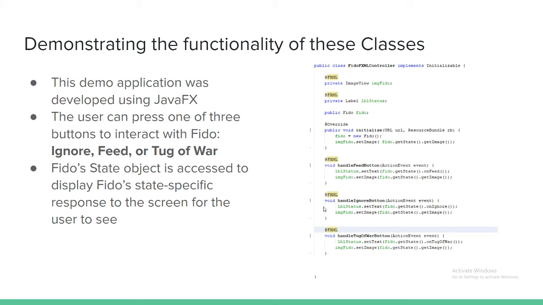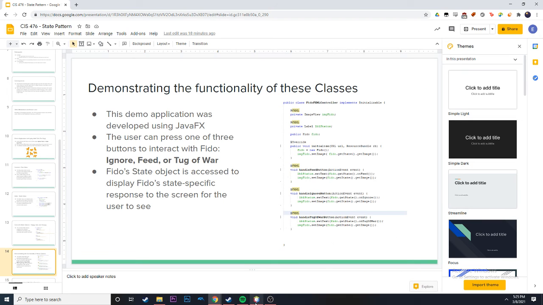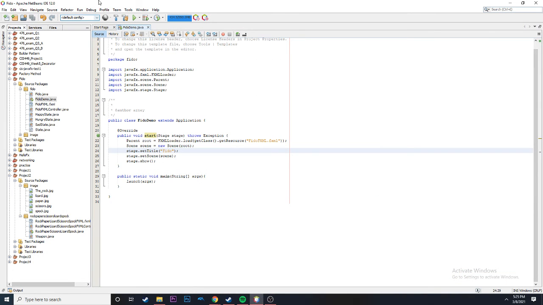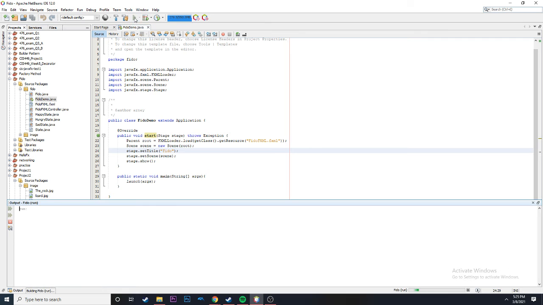So let's boot up the application so that I can demonstrate the functionality for you. Give me 1 second. So let's just run the Fido demo here.